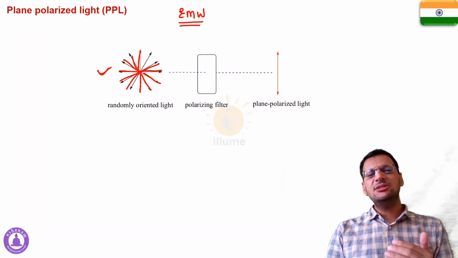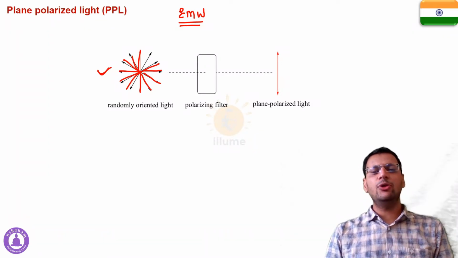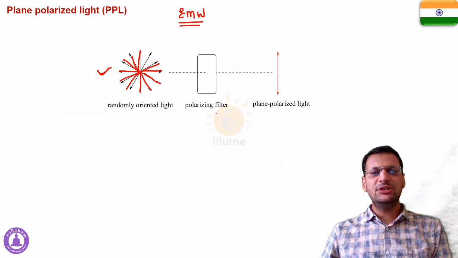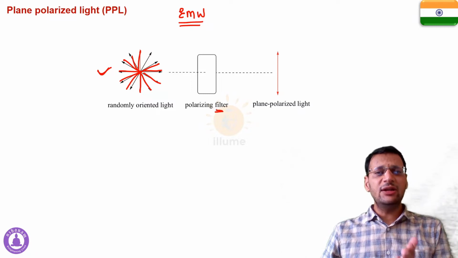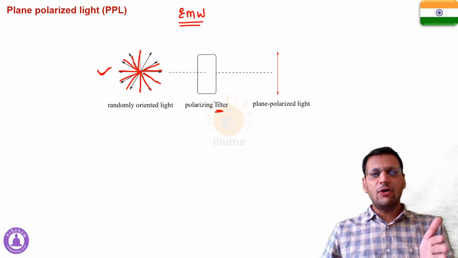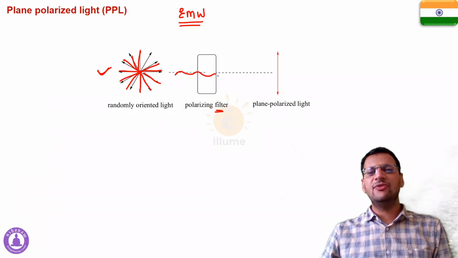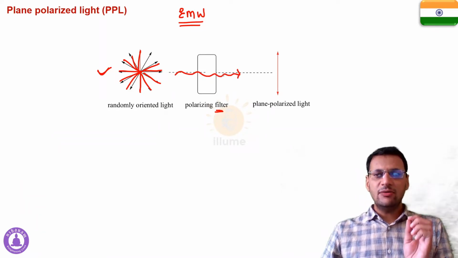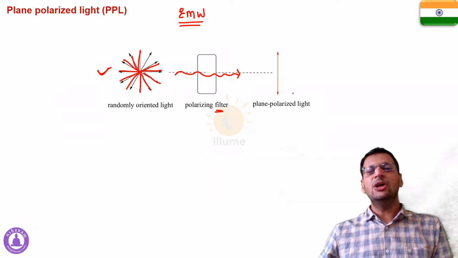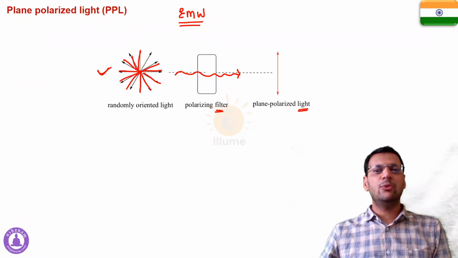But when we pass this randomly oriented light through a polarizing filter, now what is a polarizing filter? This filter will filter out all the planes of the light except one. That means after passing through this polarizing filter, the light will oscillate in only a single plane, and that's when you call such light plane polarized light.